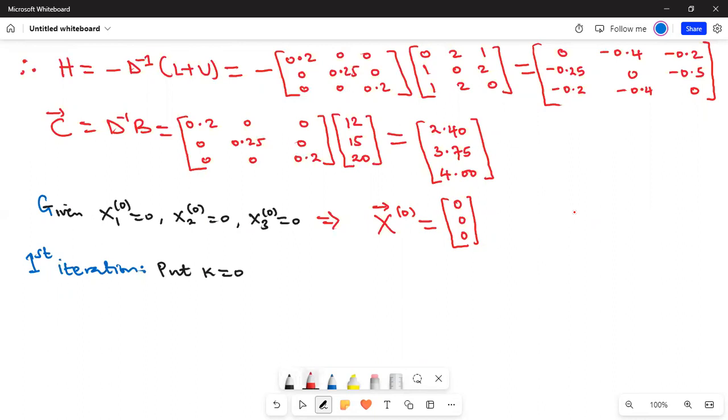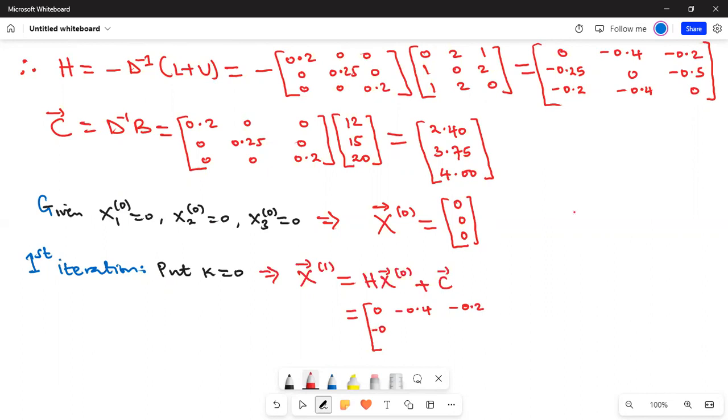That will give us x at level 1 equals h times x at level 0, which we already have, plus c. And so let's replace them. Our h we got as 0, negative 0.4, negative 0.2.